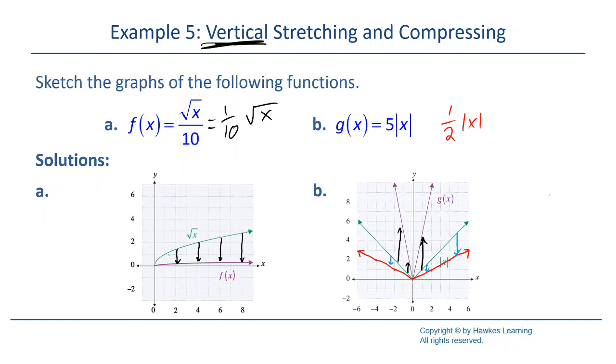Square root of 1, multiply it by 1/10, or divide it by 10. Square root of 2, multiply it by 1/10. Absolute value of -1, multiply it by 5. So just easy things like that to identify where they need to go.